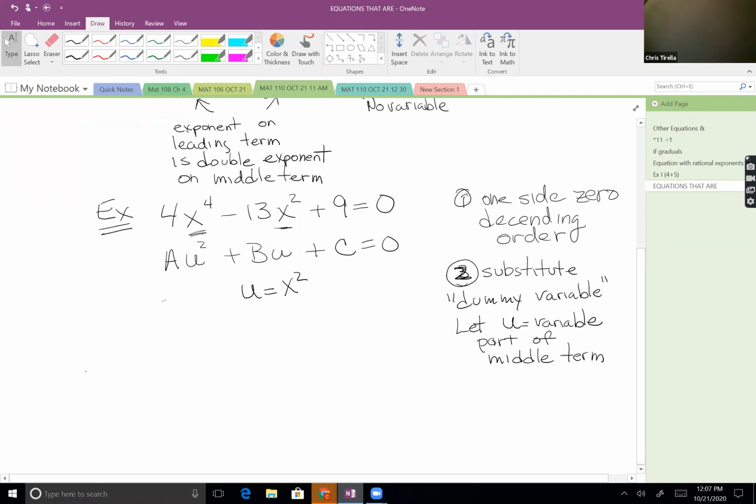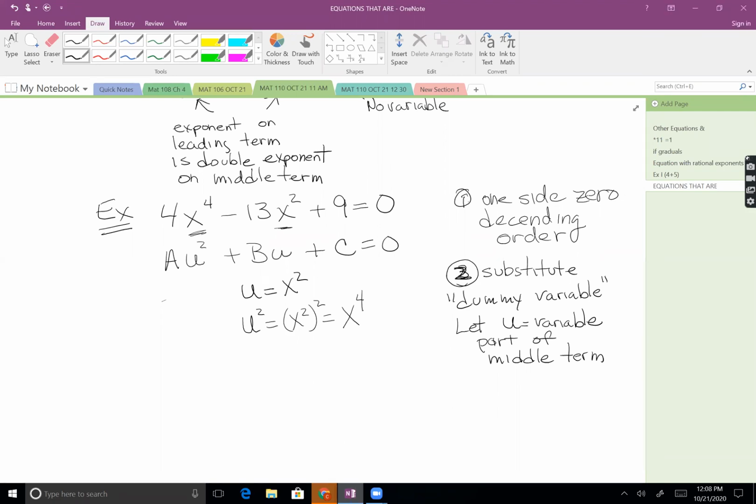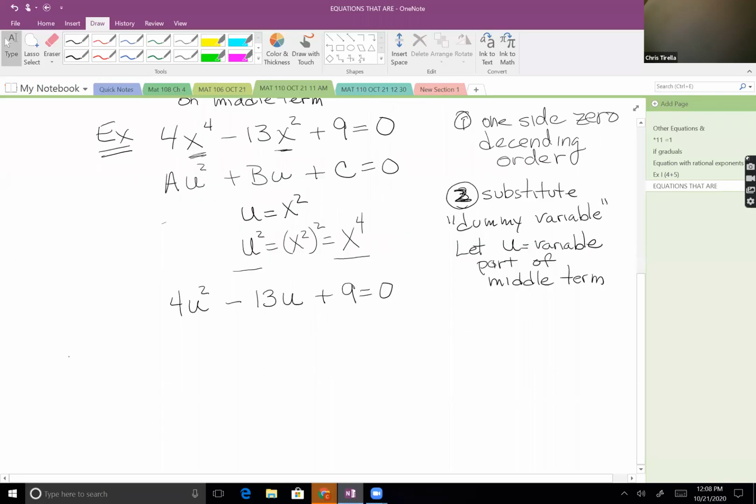And if u is equal to x squared, wouldn't u squared be x squared squared, or x to the fourth? So we're going to replace x to the fourth with u squared, and x squared with u. And now that gives me a quadratic to solve.